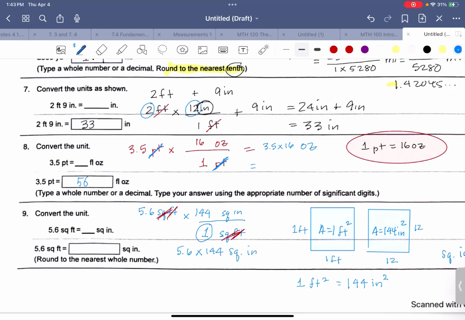So all I have to do is multiply the 5.6 times the 144, and my answer is 806.4 square inches. Now they did ask for the nearest whole number, so let's go ahead and round that to 806. So 806 would be our final answer on that problem.